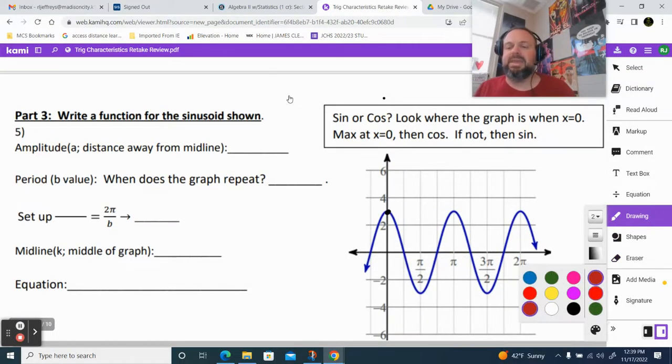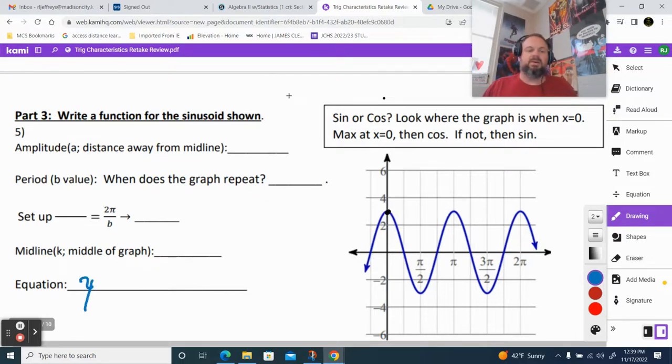Okay. Now, it does not matter which one of these that you do, which order. But I would always start with a y equals because that's what it's got to be. All right. Now, if we're thinking if it's sine or cosine, look at where the graph is if x equals 0. If it's at a max at x equals 0, then it's cosine.